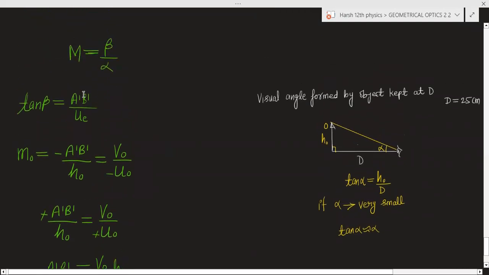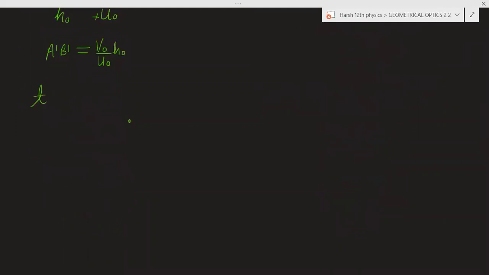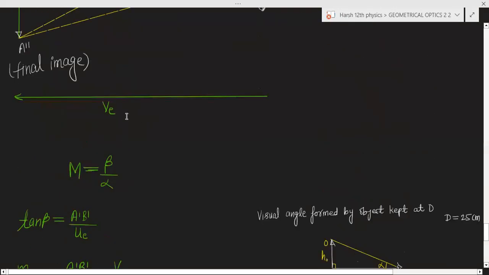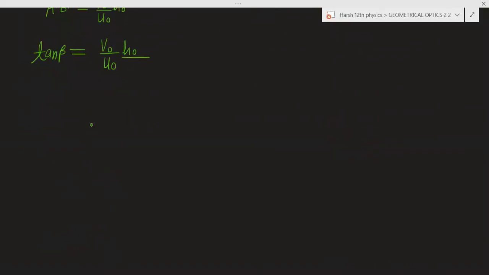Now put the value of A dash B dash here. So you will have tan beta in terms of A dash B dash, where you put this value V naught by U naught multiplied by H naught, divided by UE.